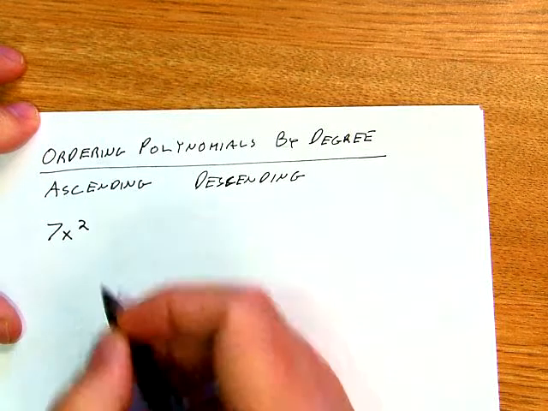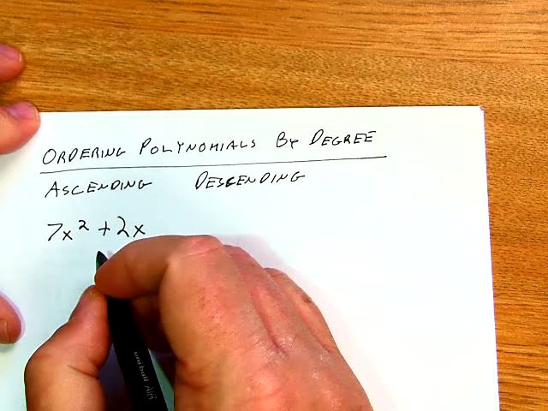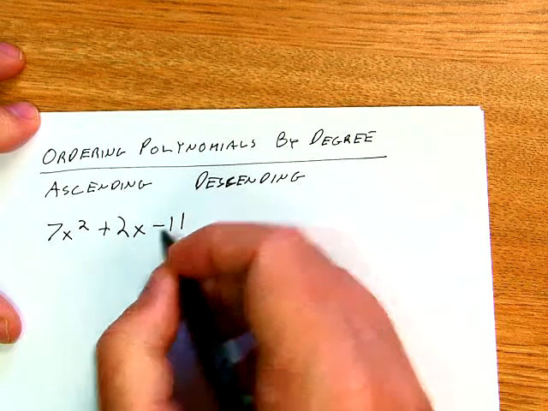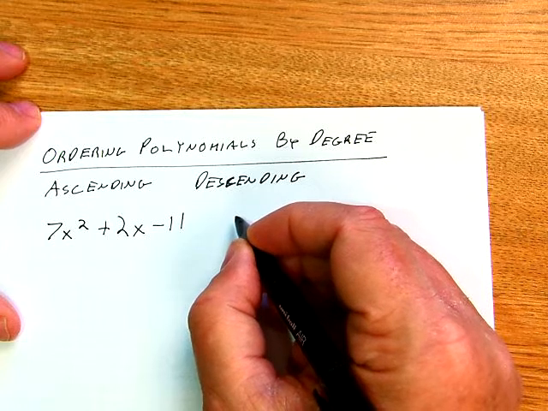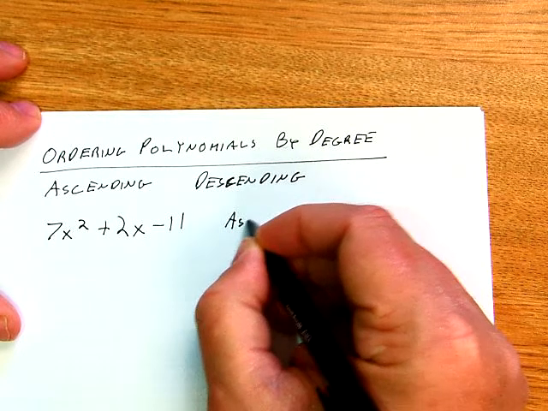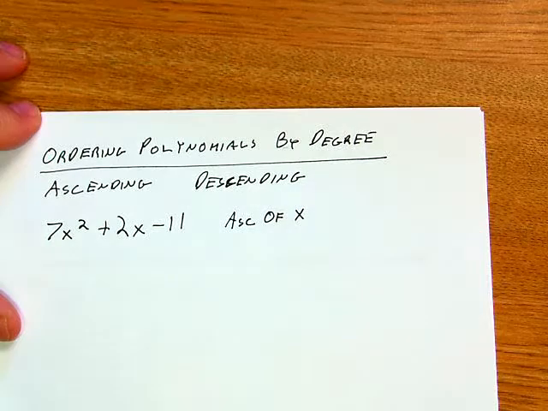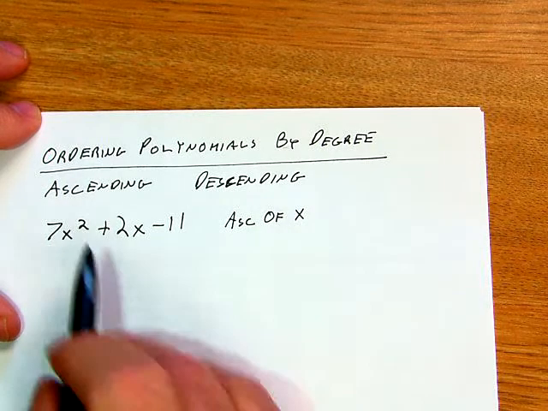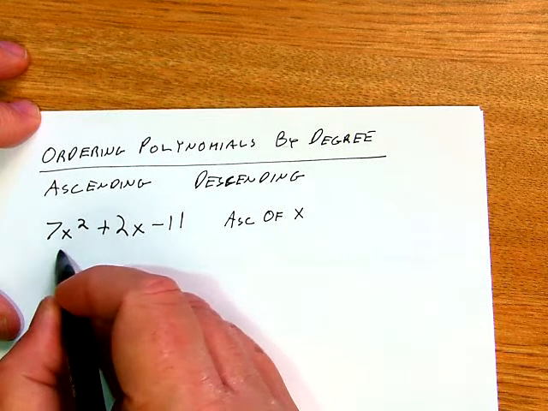7x squared plus 2x minus 11. And they're asking to reorder this in the ascending order of the degree of x. So we're looking at our variable x, and what's the degree of x here? 2.